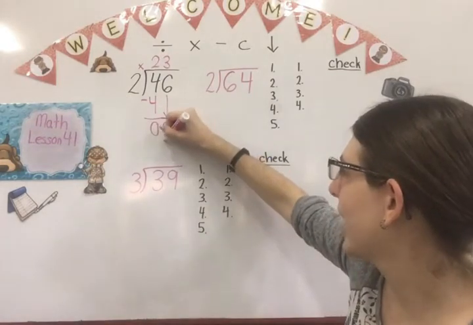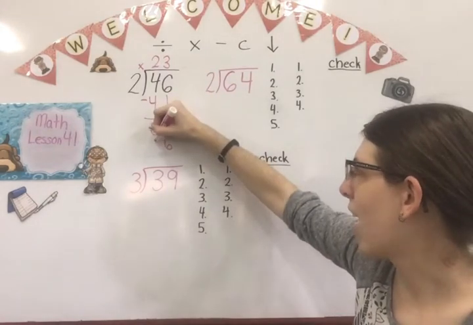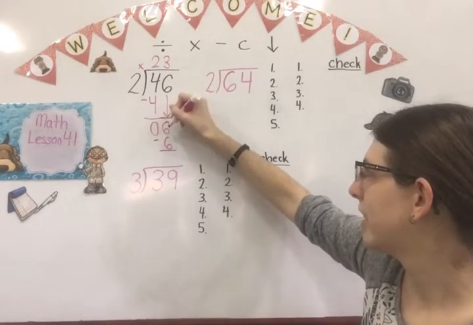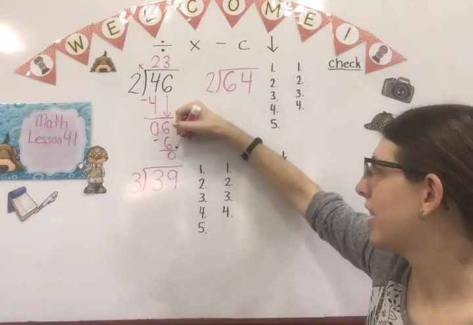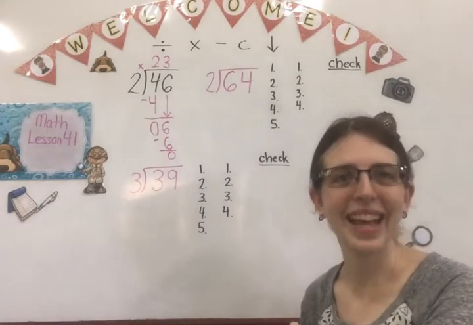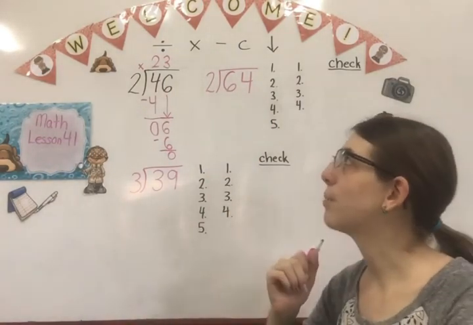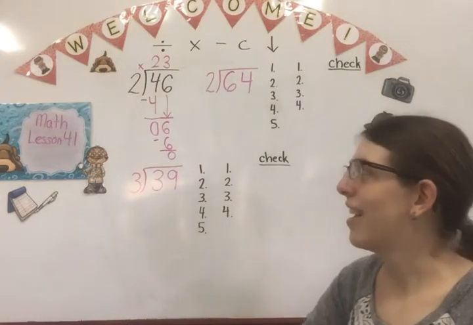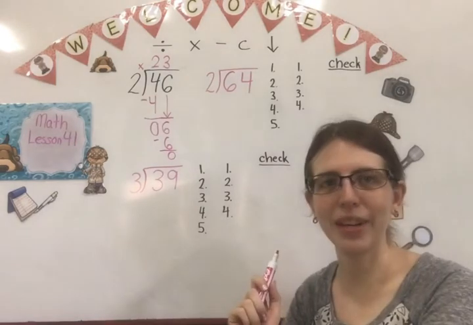So I put that answer right underneath my 6. And now I subtract. 6 minus 6 is 0. Now I compare. Is 0 less than 2? Yes, it is. So I'm good to go. There's nothing more to bring down, so I'm done. 46 divided by 2 is 23.